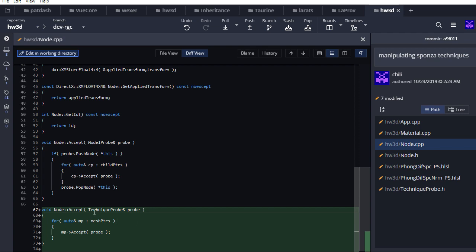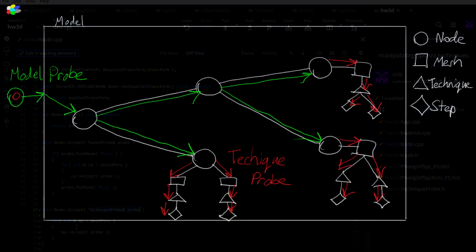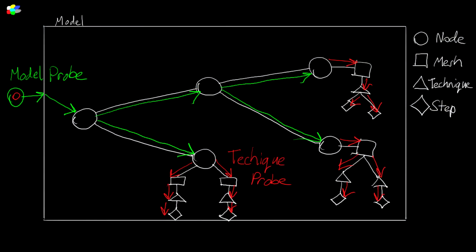But model doesn't take a technique probe. Well, there's the interesting thing. What you do is you use a model probe, and that gets passed around to all of the nodes, and at every node, the model probe will inject a technique probe into that node, and the technique probe will go and do its dirty work on the techniques.